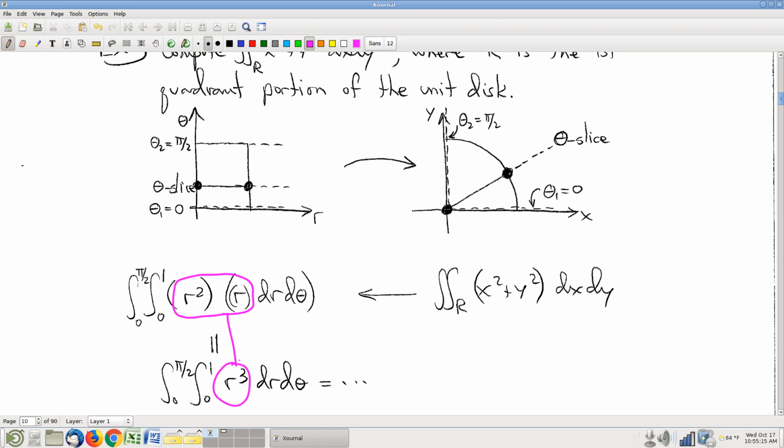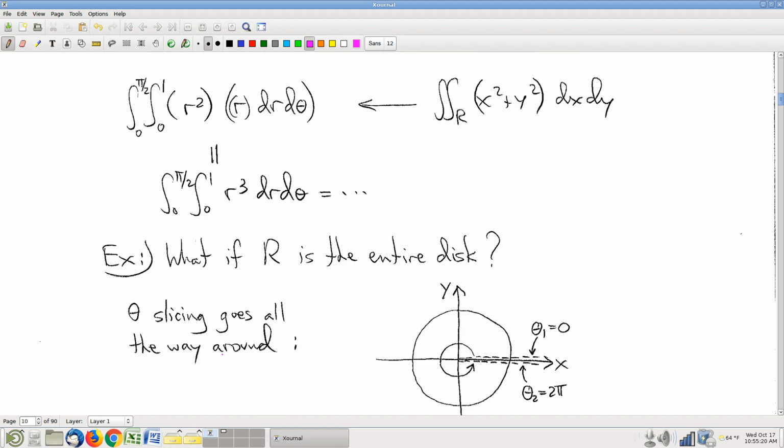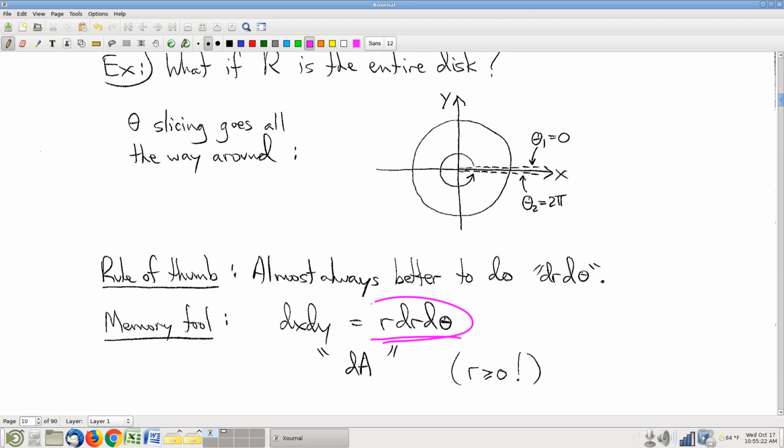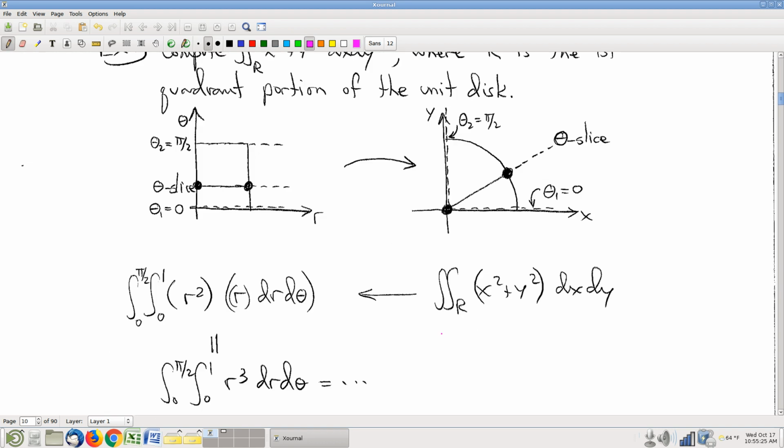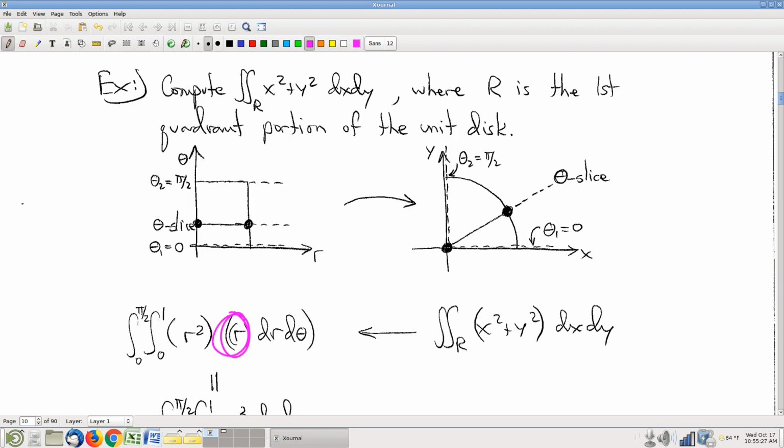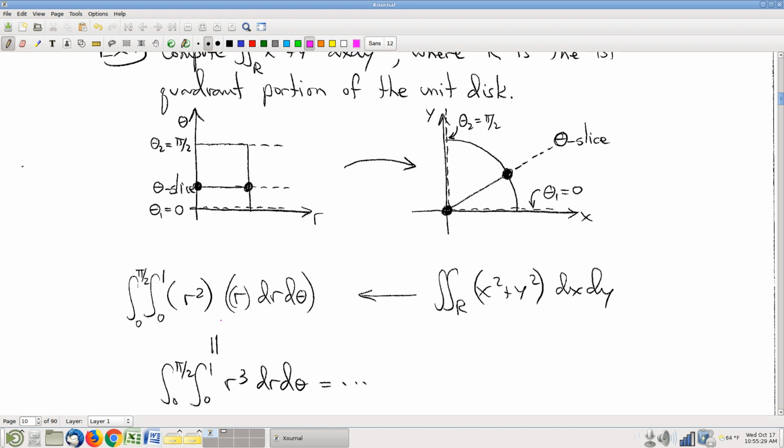I've seen some students overinterpret. They take me a little too seriously on saying think of this as a single thing, and infer that somehow this is part of the differential and it doesn't participate in the anti-differentiation. Make sure you understand, no, it's a stretching factor. Of course it's part of the integrand. So you do have to combine it with the integrand once you've got your integral all written down. Just think of it as part of this single thing as you're writing that integral in the first place.